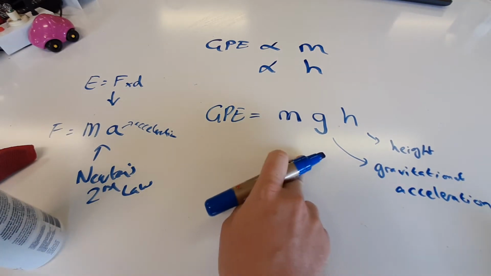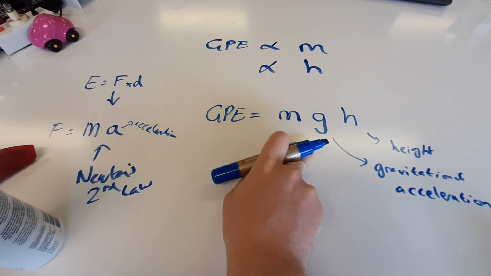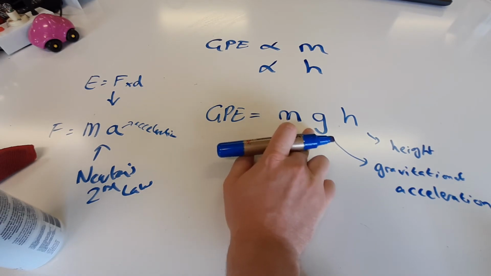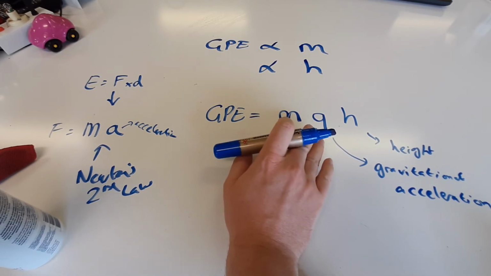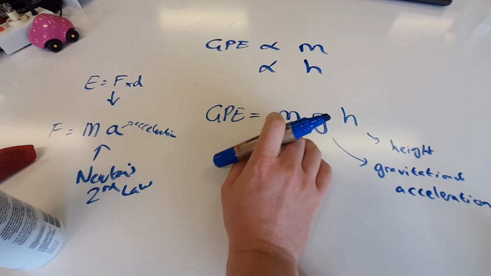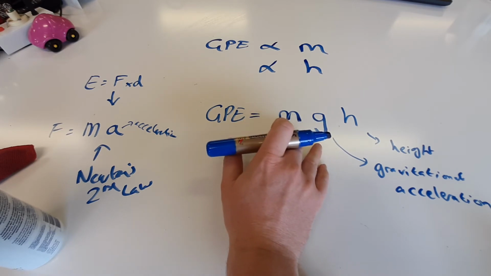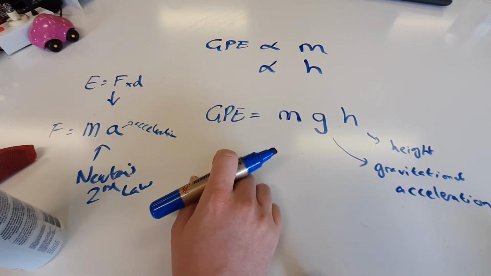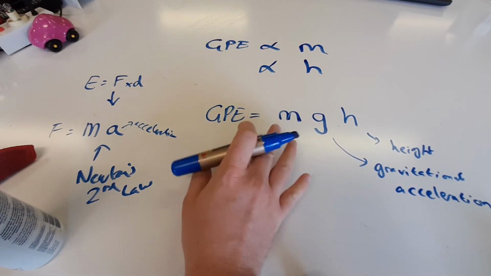Basically this is the acceleration that you experience on the Earth. Now if you were to go to the moon, this constant here would be less, which means that you end up having less gravitational potential energy, even if you had the same mass and the same height above the ground.